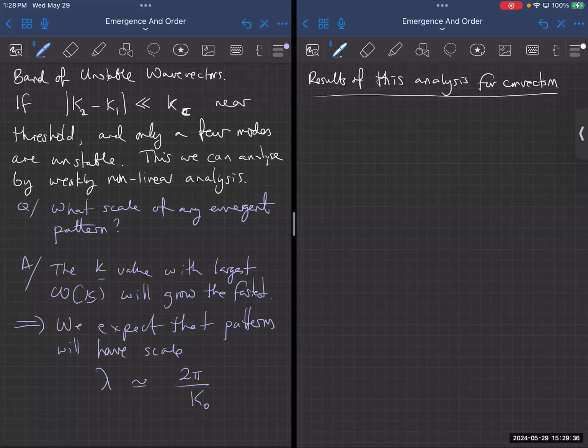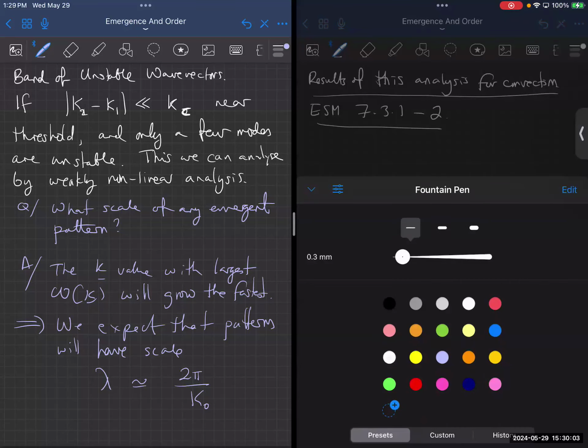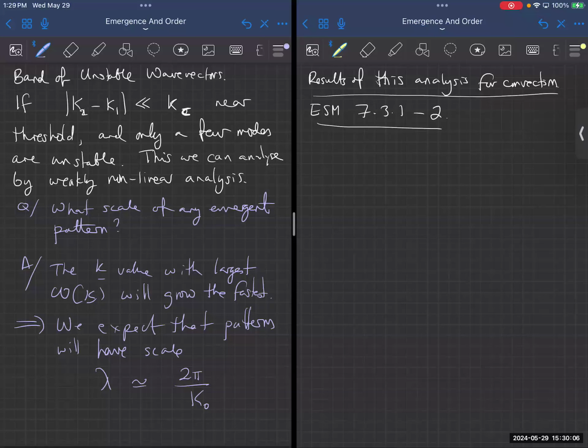I'm just going to refer you to ESM 7.3.1 and 7.3.2. I'm not going to derive those equations, so you can look at them in the book. I'm just going to write down what the answer is. If anybody wants to know this, you can ask me privately.